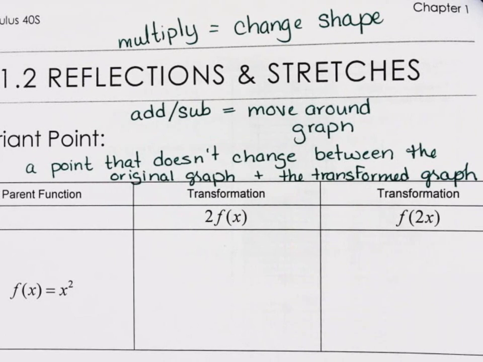So if you have a better definition or you know what an invariant point is, again, I think this year you want to start building some note-taking skills, especially if you're going on to post-secondary. What makes sense to you for your notes? What is the most important thing that you're taking away from it? Because that's a really important skill.